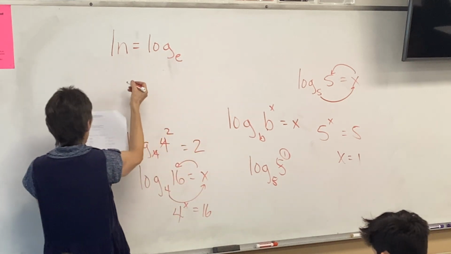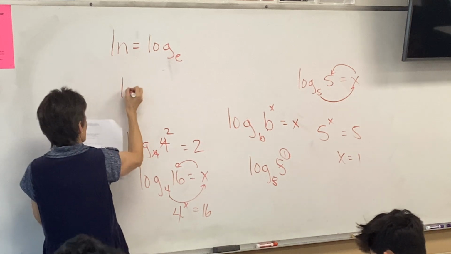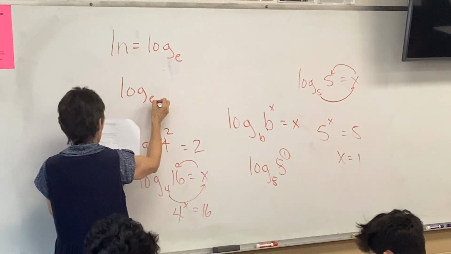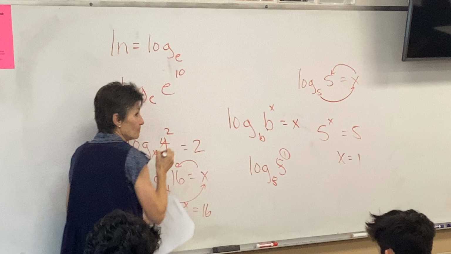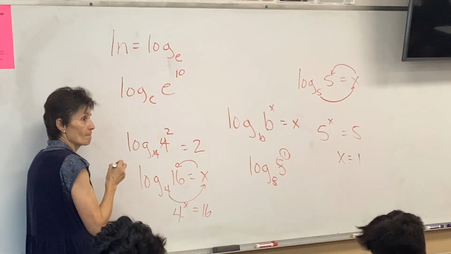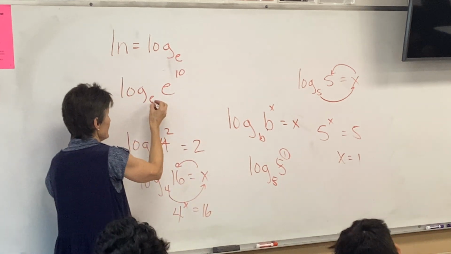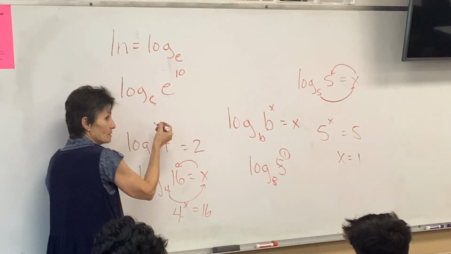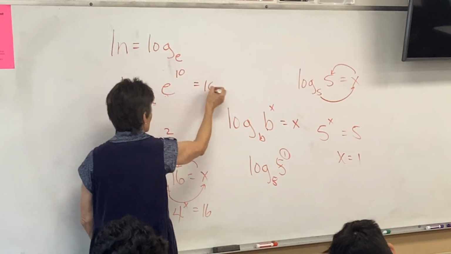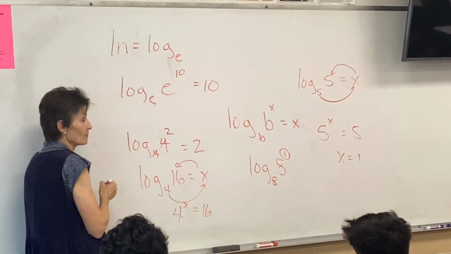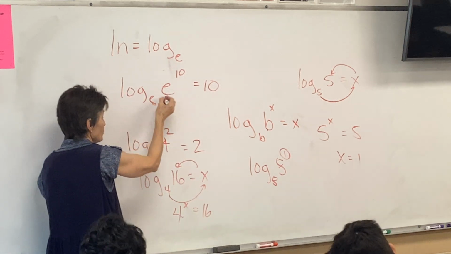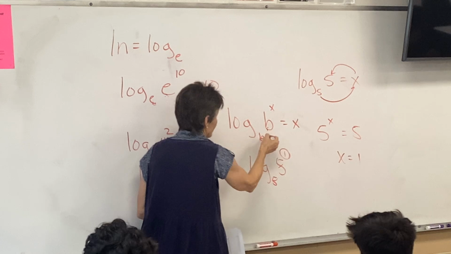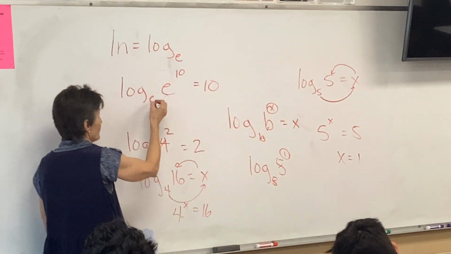So problem C says log base e of e to the 10th. Wait a second, these two match. What's the answer? 10. When these two match, the answer is the exponent.